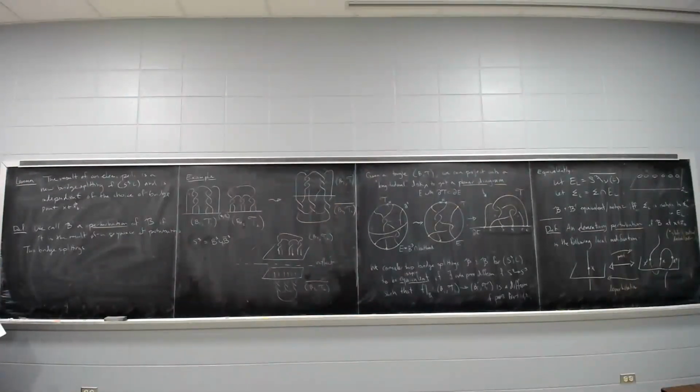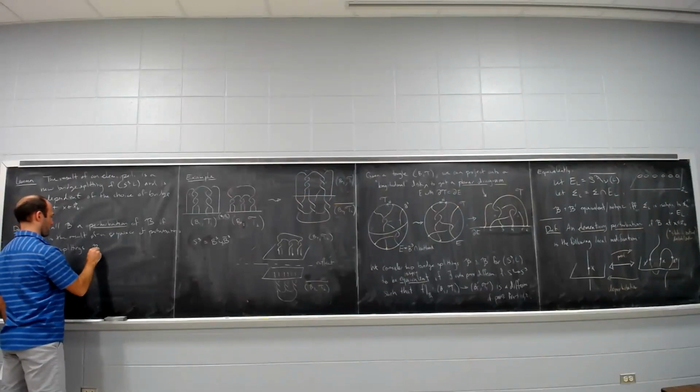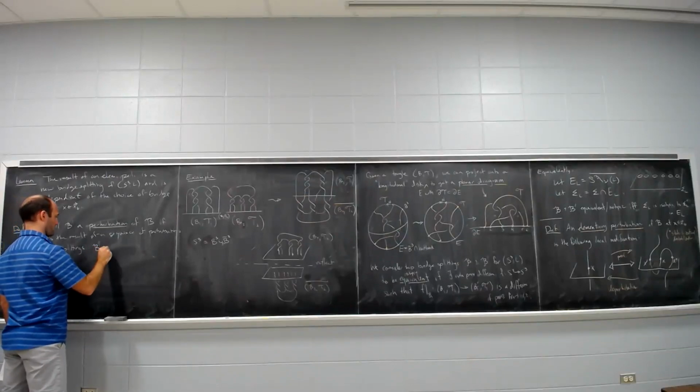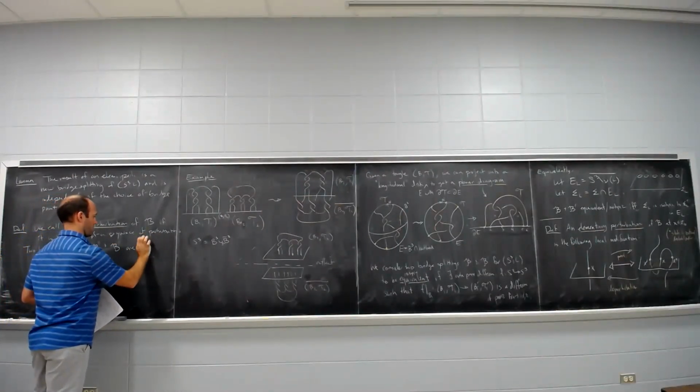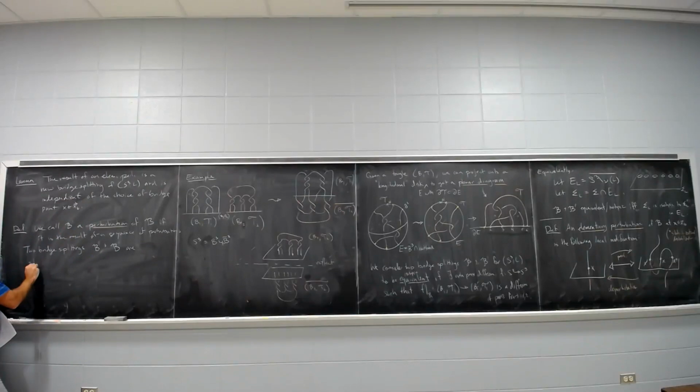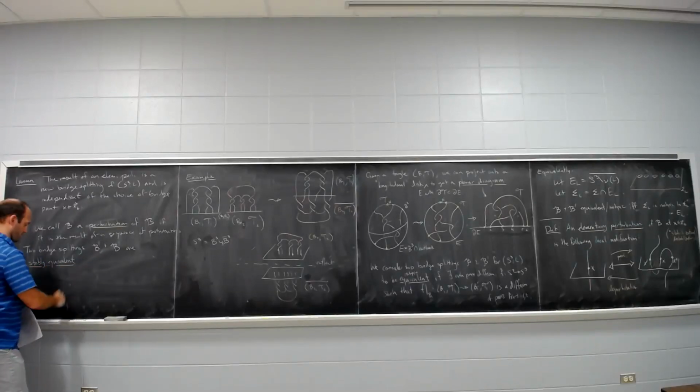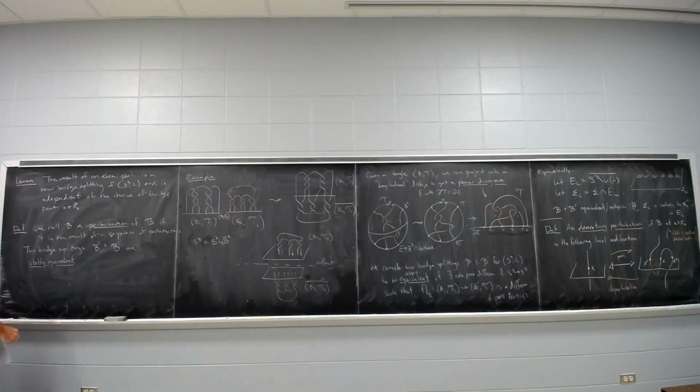Okay. Two bridge splittings, B and B prime, are stably equivalent. Here we do reserve the notion of stabilizing these things.